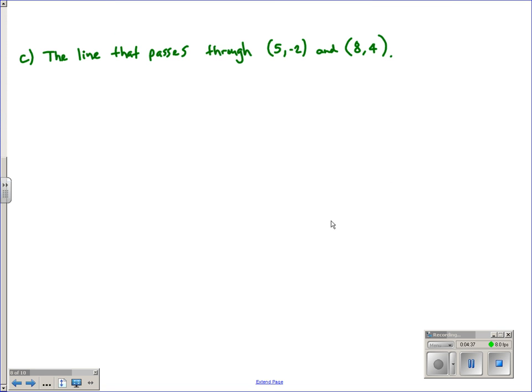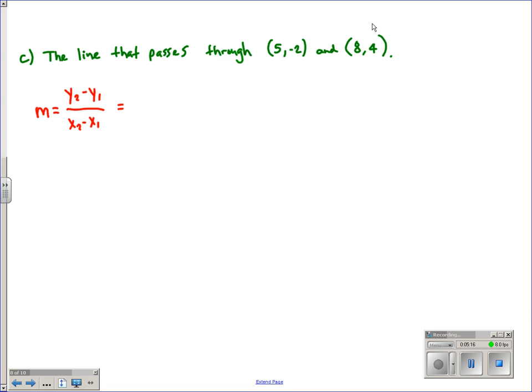Letter C, the line that passes through the point 5, negative 2, and 8, 4. Whenever you're given 2 points, you can always find the slope between them. Our slope, m, is going to be found using y2 minus y1 over x2 minus x1, the difference in our y's over the difference in our x's.